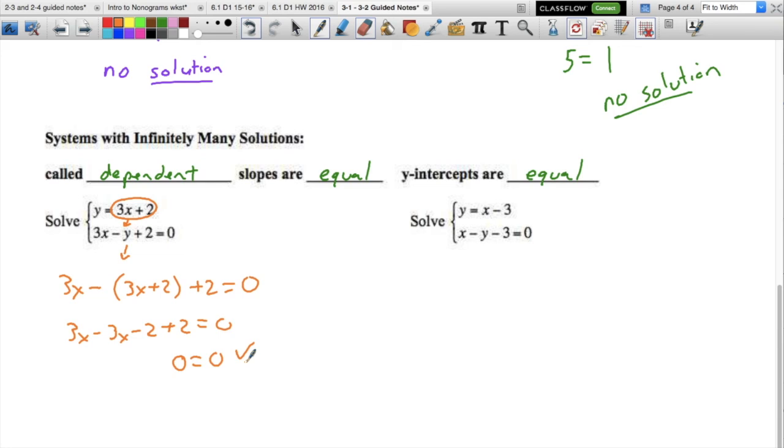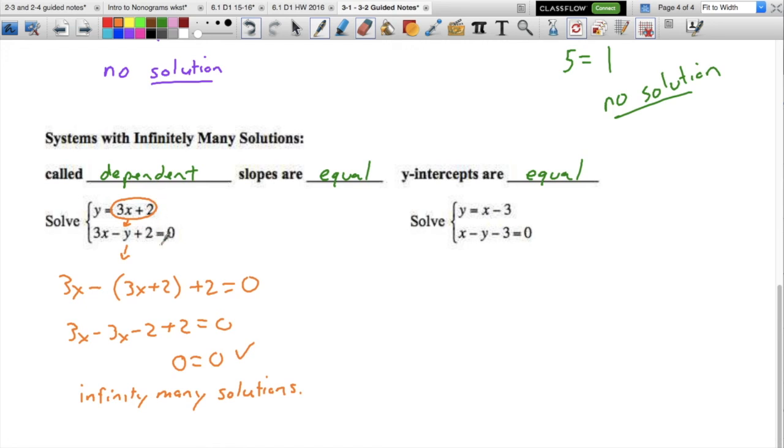But we don't have an x equals something or a y equals something. We just get one constant equals the other constant. So we say infinitely many solutions. This is the exact same line. Okay? When this happens, it means that this line and this line are exactly the same.